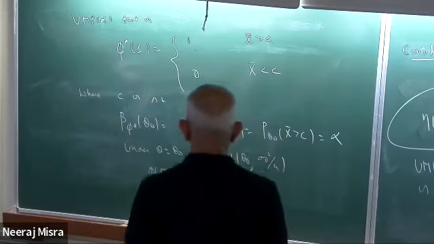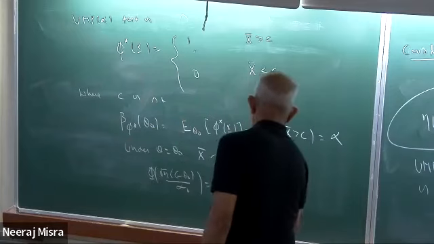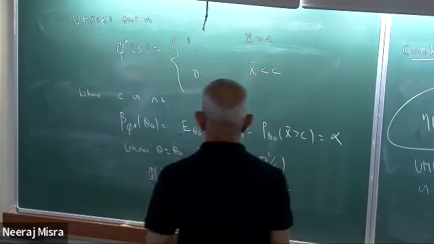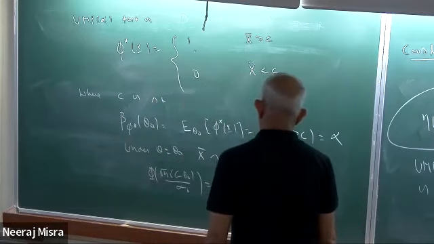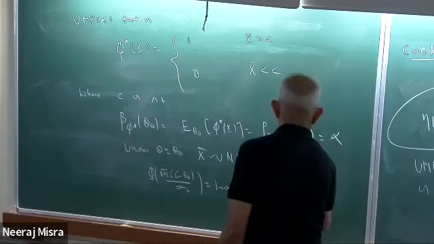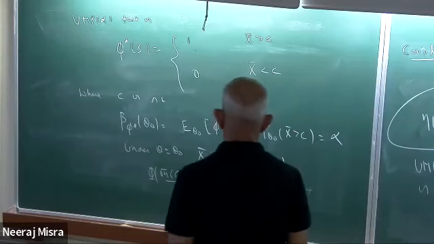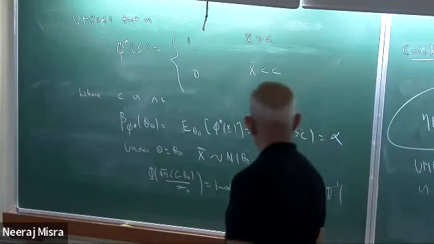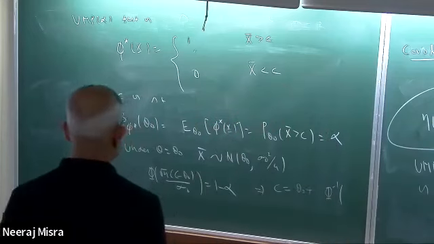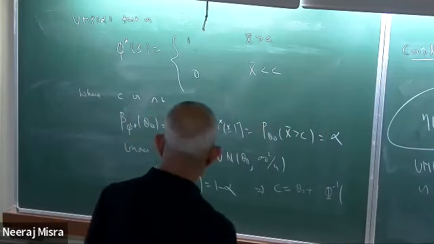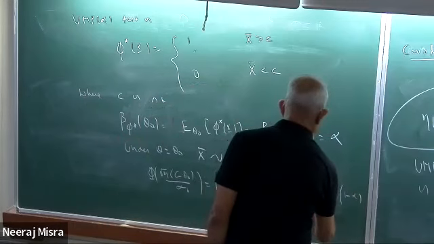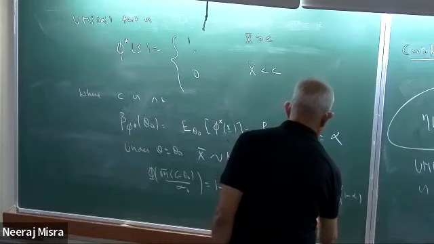What does that mean? That means c is the same as theta naught plus phi inverse of 1 minus alpha times sigma naught by root n.